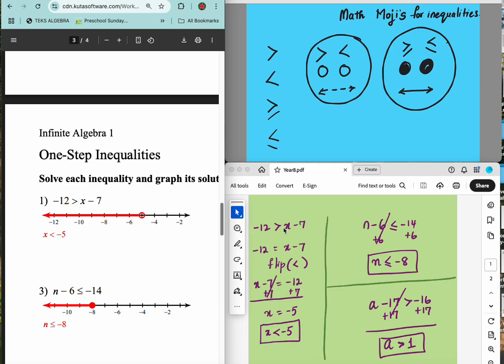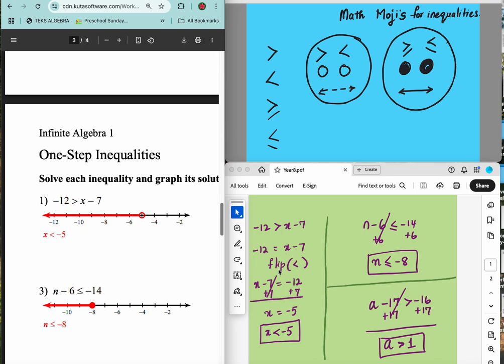Instead of looking at it as an inequality symbol, you can replace that with an equal sign, solve your equation, and then change the equal sign back to the symbol that was provided to you. Usually when I have a letter or a variable or a pronumeral, all synonyms, I prefer having the letter on my left.